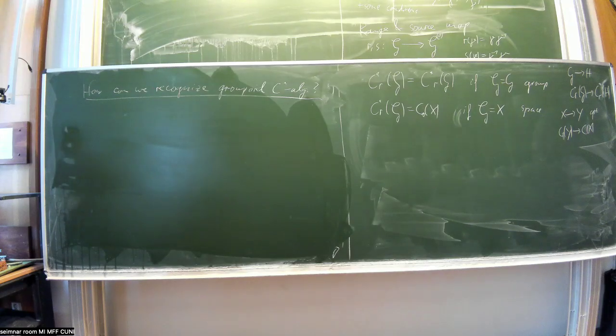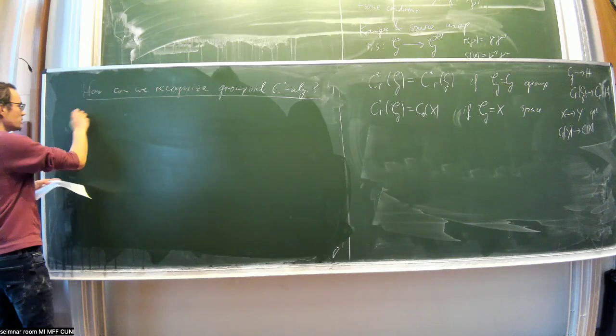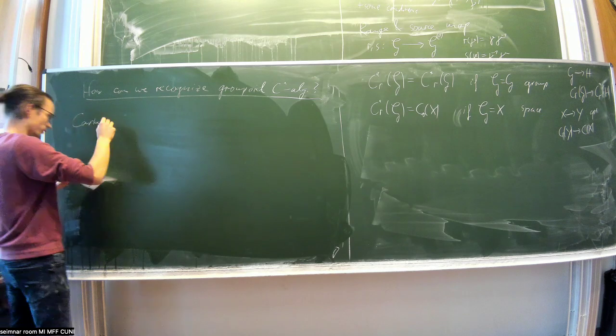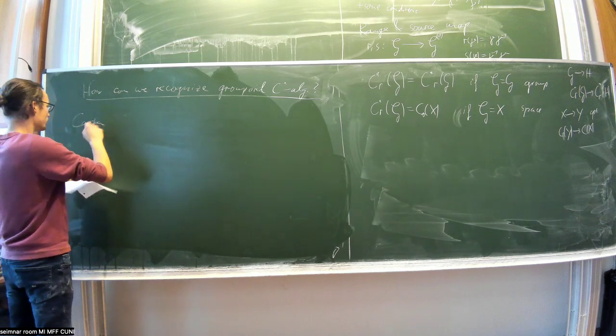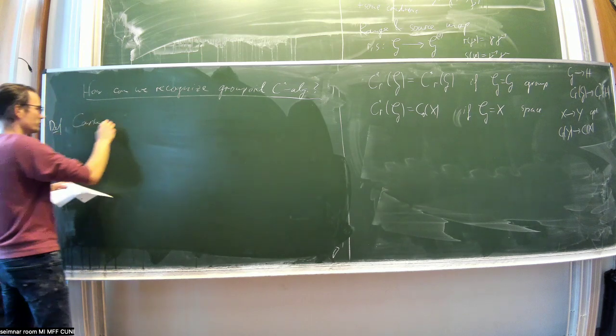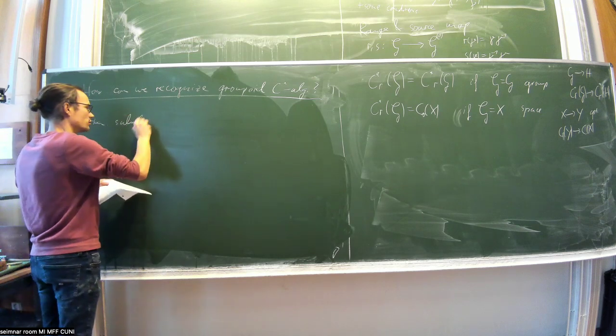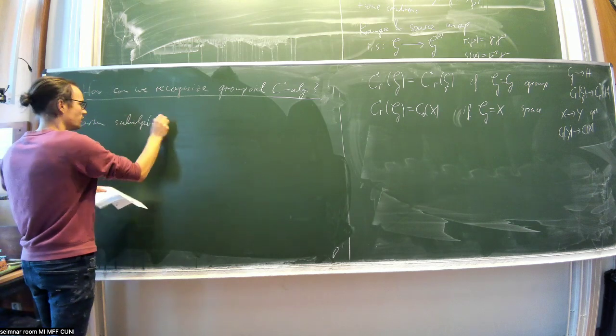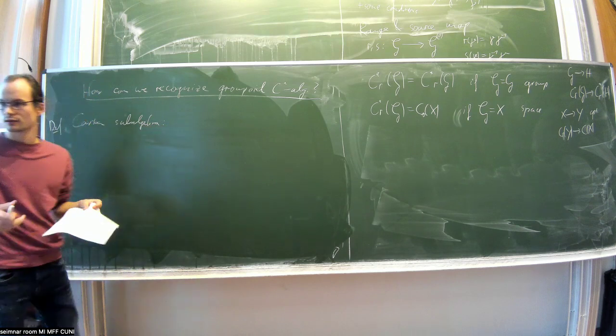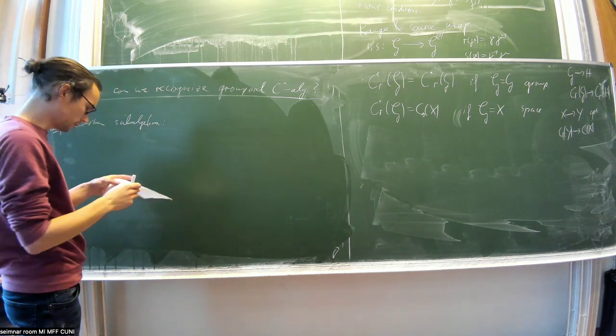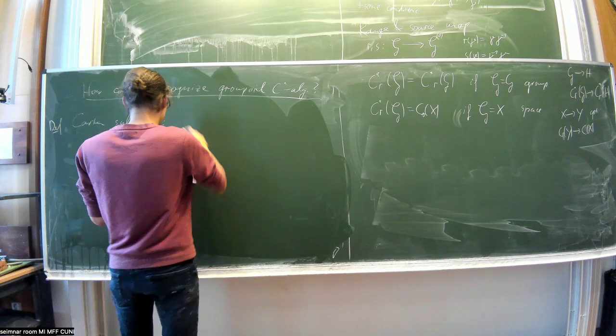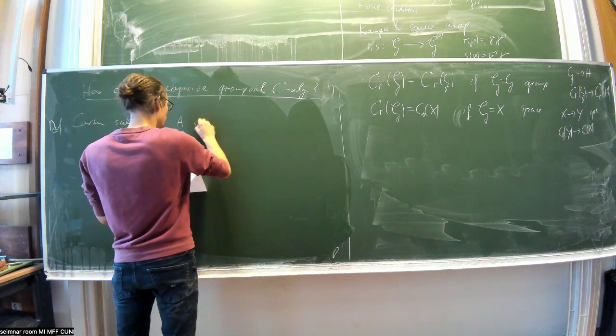One structural property that is important is that of a Cartan subalgebra, which is, I guess, a word stolen from the theory of Lie groups. What is this? This is a subalgebra.